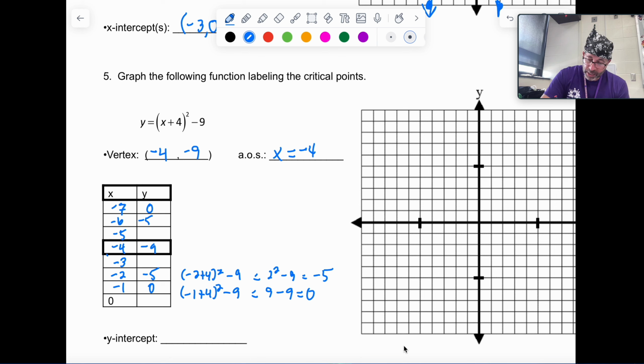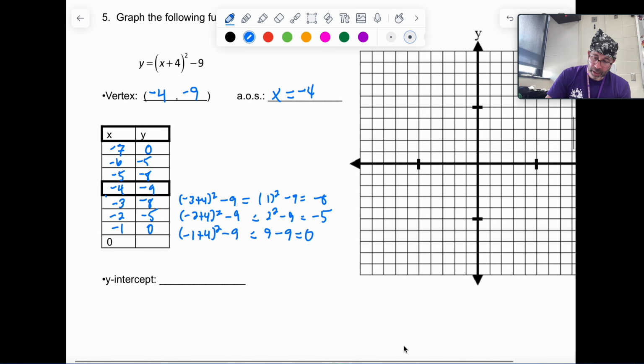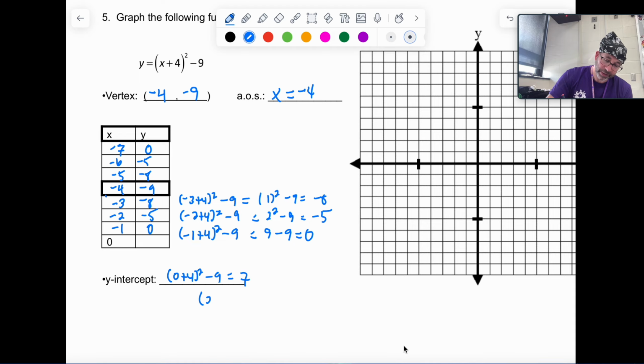Negative 5. And then we're going to have negative 3 plus 4 squared minus 9, which will equal 1 squared minus 9, which will be negative 8. So negative 8 and negative 8. All right. Let's go and find the y-intercept. We'll have 0 plus 4 squared minus 9, which will equal 16 minus 9, or 7. So it'll be at 0, 7.